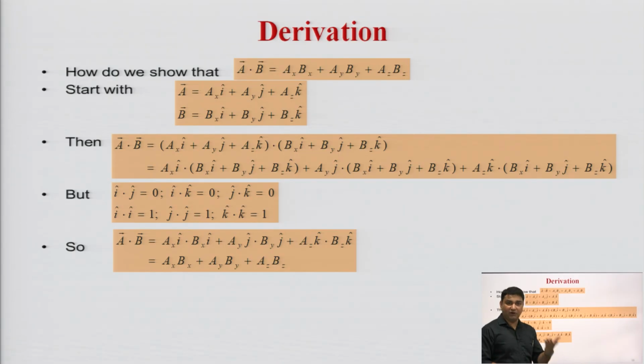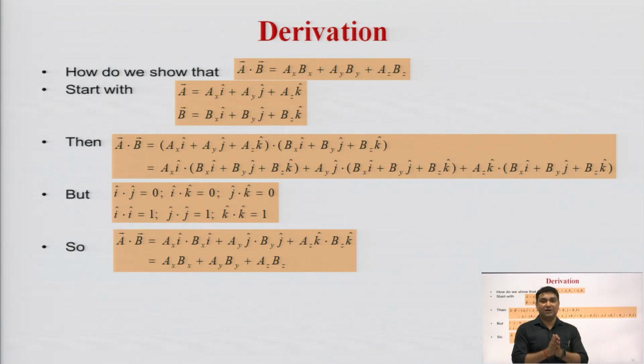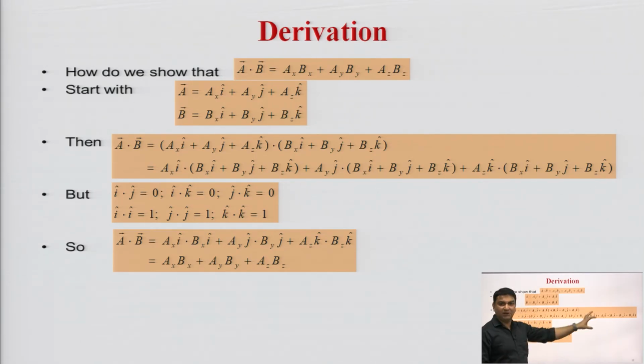And when you take the multiplication of two unit vectors, i dot i is equal to 1, but i dot j is equal to 0, then we can replace i dot i and i dot j with 1 and 0, and the result will come as you have previously studied. Okay. So this is the basic description and analysis of the dot product. Here the result is given in terms of AxBx plus AyBy plus AzBz.